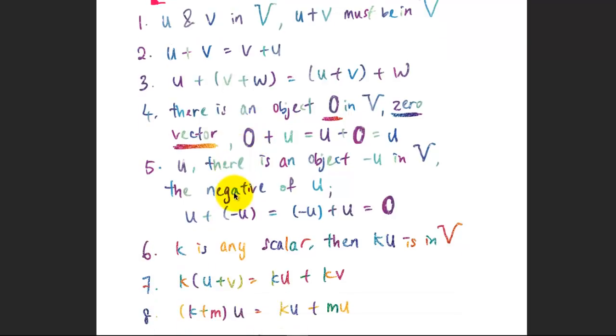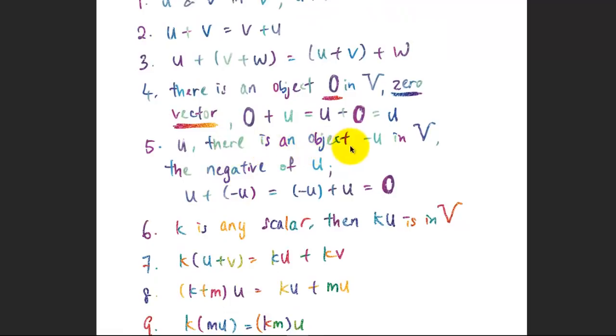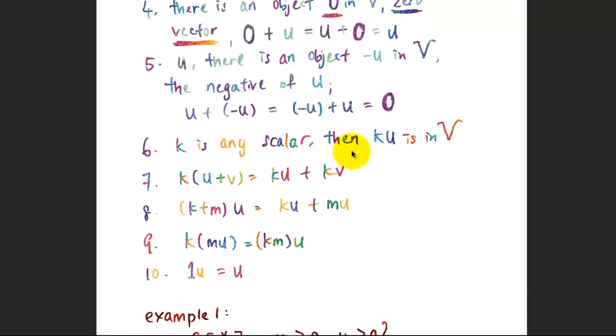And the fifth axiom is a special one as well, because there is an object, the inverse, the negative of the object, which is still within the group of objects. When you sum them together, you should get the zero vector. Similarly, this must be the same zero vector as in the fourth axiom. The sixth is about scalar multiplication.